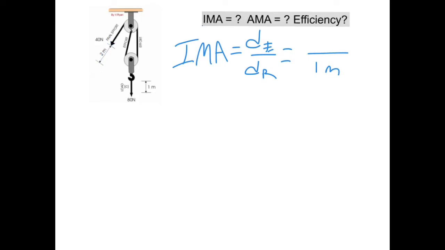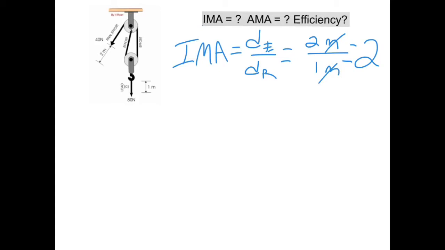Because whenever you pull the rope on the pulley, it's going to go 2 meters, and the resistance is only going to go 1. So 2 meters. So I know then that my IMA is 2.